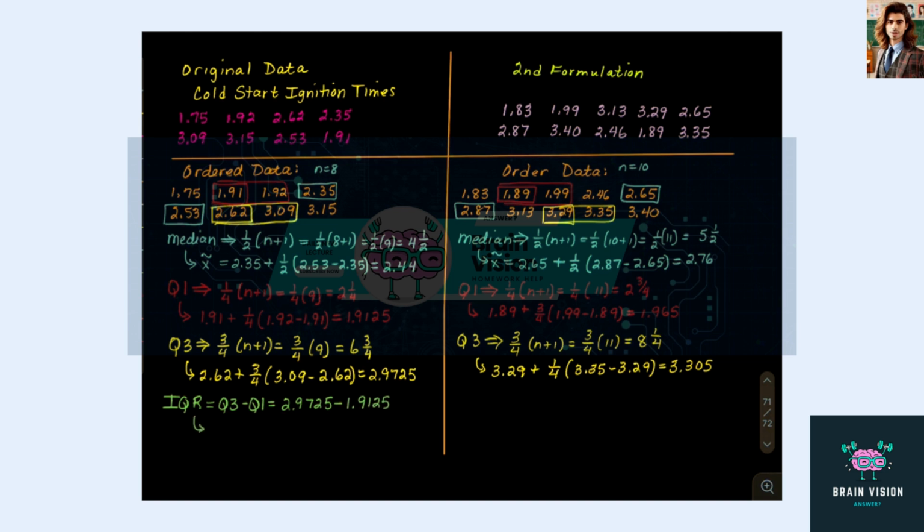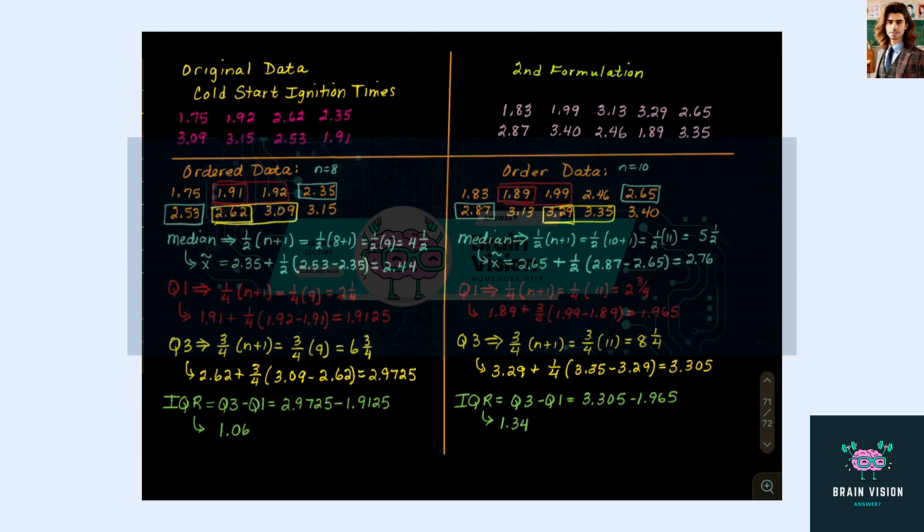So the IQR is 1.06 for the original data. And the IQR for the new formulation, or the second formulation, would be 3.305 minus 1.965, or a value of 1.34.